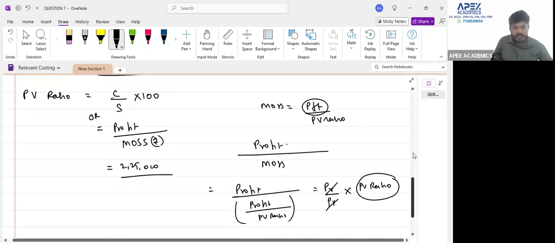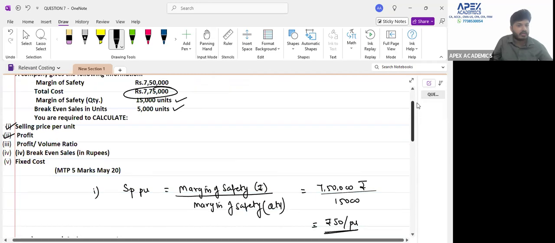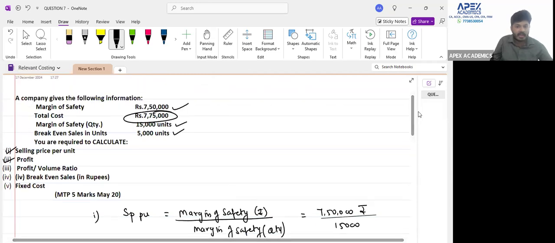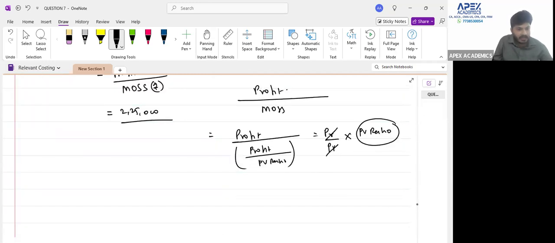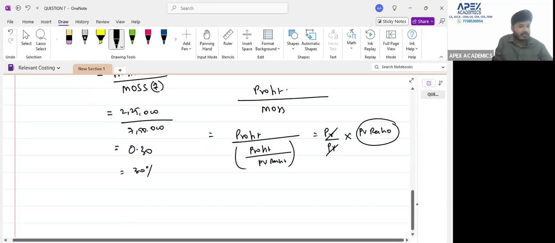Margin of safety in rupees terms is also given to you in the question. 7,50,000. What is the answer? 2,25,000 divided by 7,50,000 is 0.30. Which is how much? 30%. What is this? PV ratio.